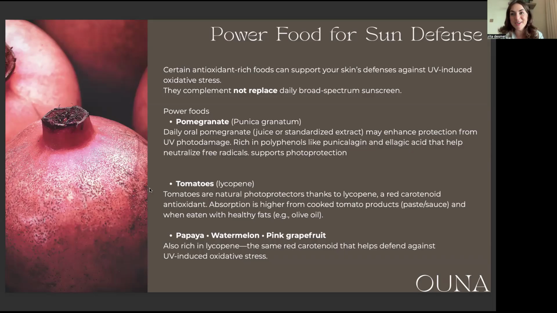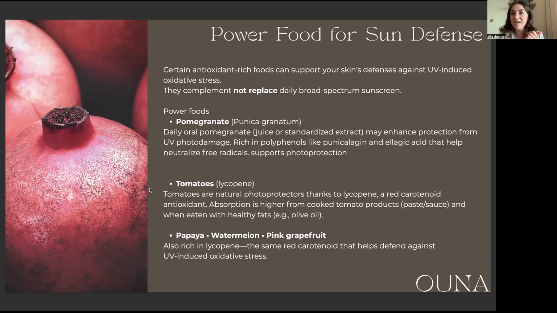A very good one as well, and this is where lycopene comes from, is tomatoes. So tomatoes are very good natural photoprotectors, thanks to the ingredient lycopene in them. It's a red carotenoid, which is an antioxidant. The absorption, by the way, is even better when the tomato is cooked.